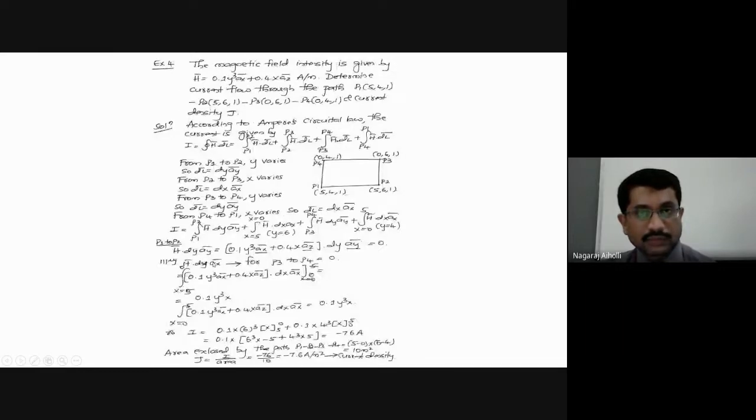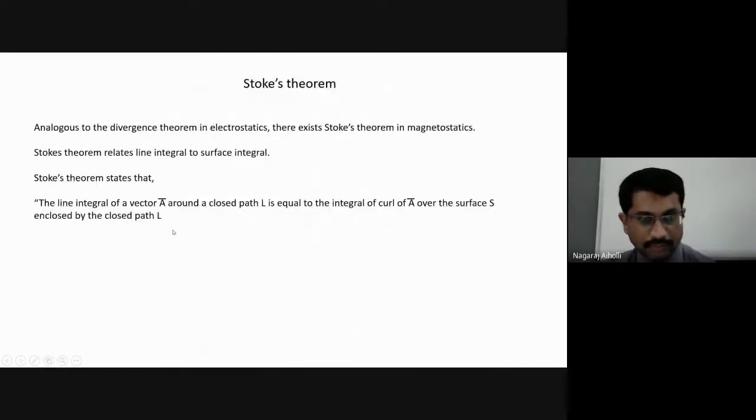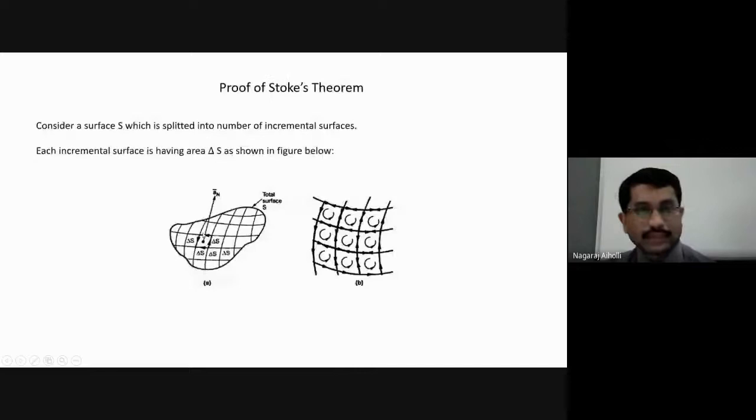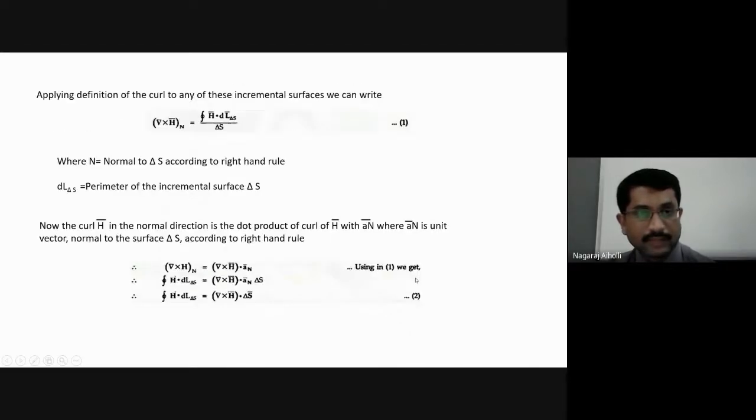Then we have discussed the statement of Stokes theorem, which states that the line integral of the vector A bar around a closed path L is equal to the integral of curl of A bar over the surface S enclosed by the closed path L. Then we have also proved the Stokes theorem, the LHS is equal to RHS, by considering the incremental surface delta S. The field on the outer boundary only exists, while the inner boundary fields cancel each other out, so the curl will exist only on the outer boundary.